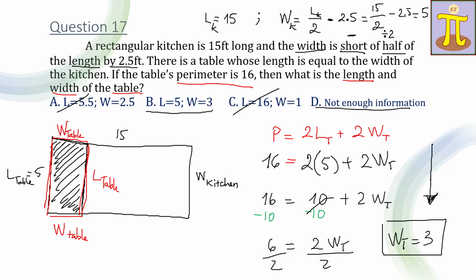But at least we eliminate two answer choices. And since we have all of the information, you can eliminate D as well, because you can find a path to solve for the width of the table.